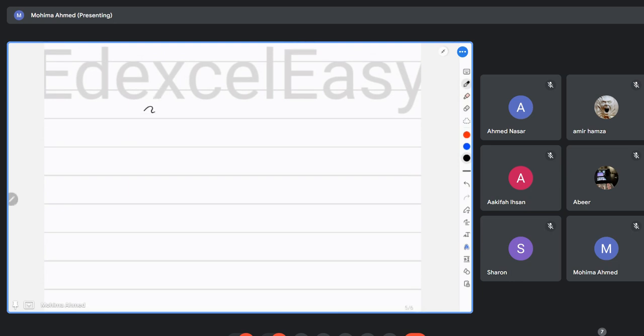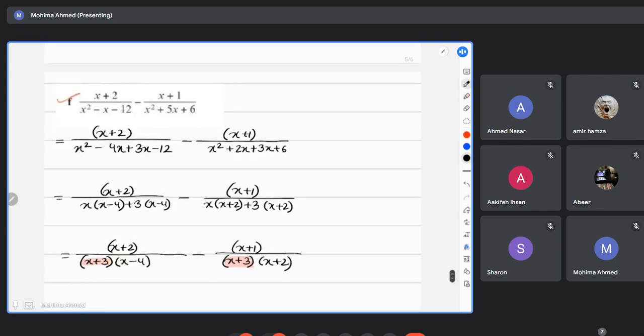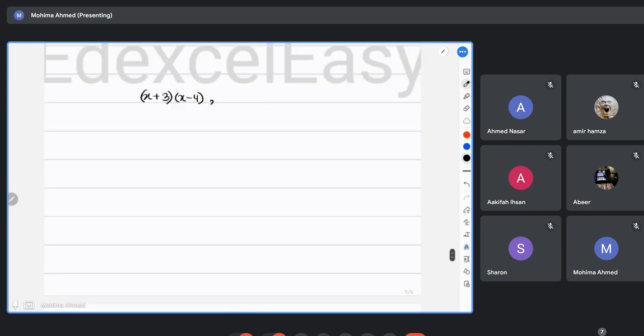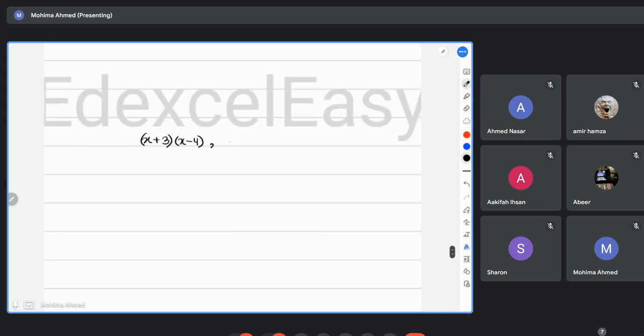Now, we have x plus 3, x minus 4. This was your first denominator. And for your second denominator, it was x plus 3 and x plus 2. So from this part, as I can already see, both of them have this one x plus 3 common.